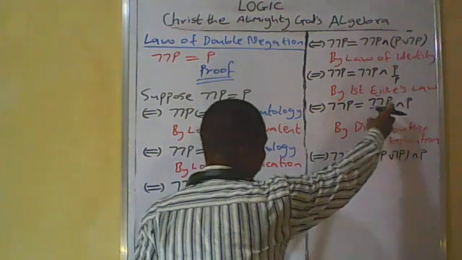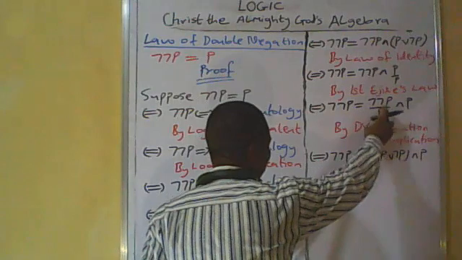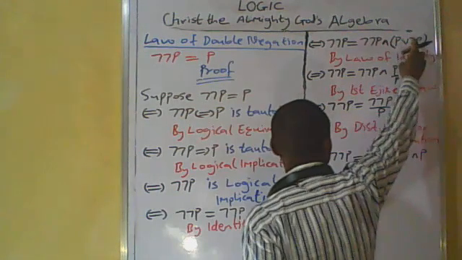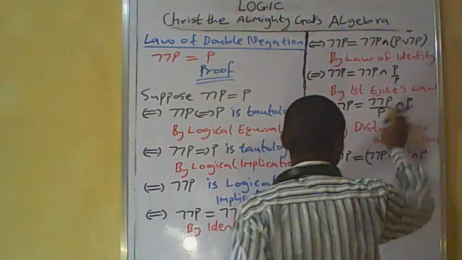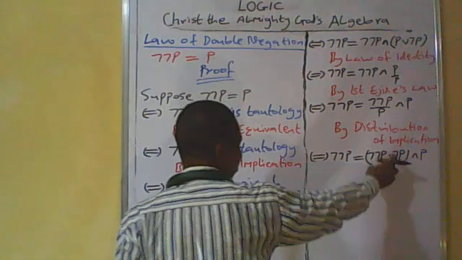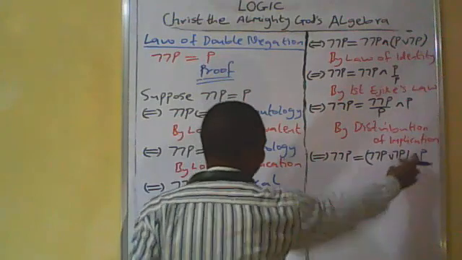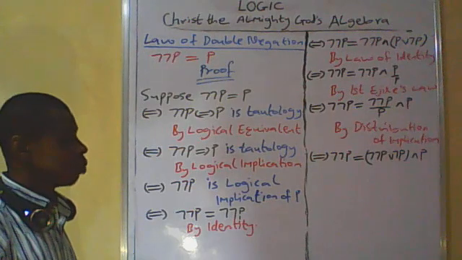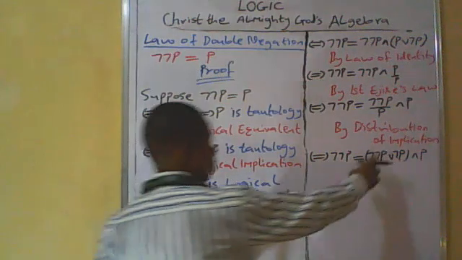Why do we revise it to a disjunctive statement? Because this P is being generated from the disjunctive statement, so whenever I want to revise it, it is going to be in the disjunctive form. It becomes not P or not P, and it's still equal to P because we are sure of this.